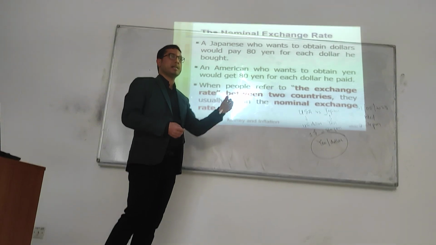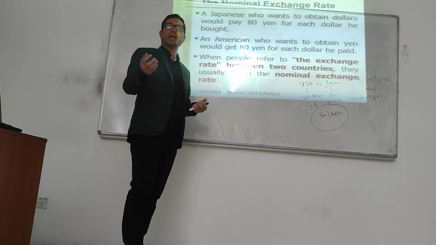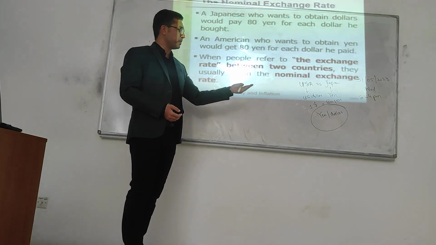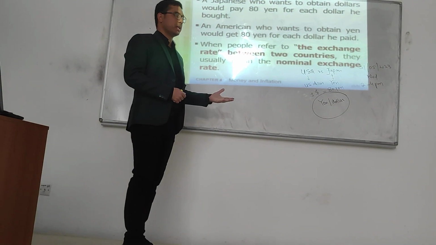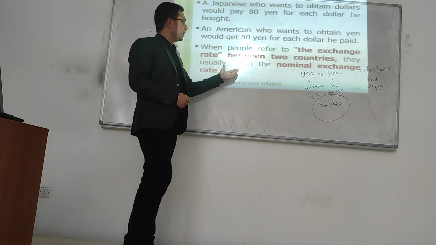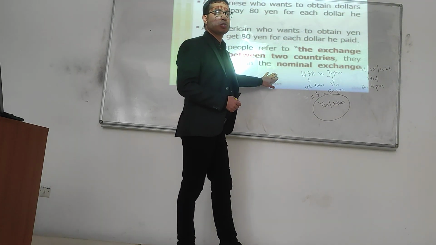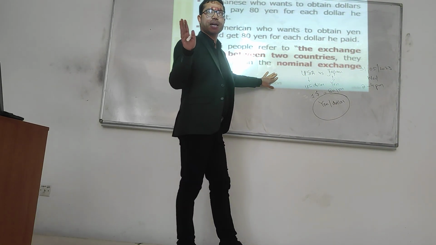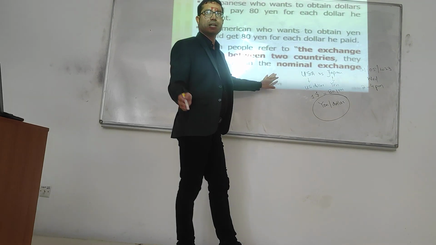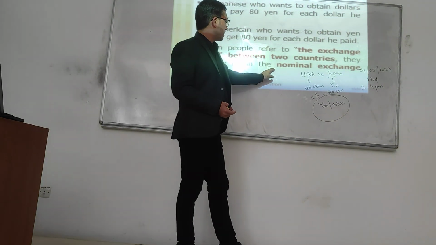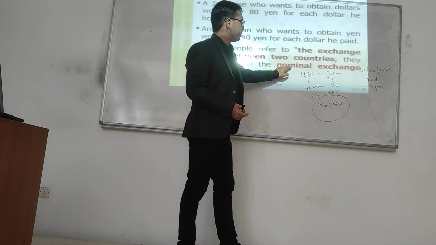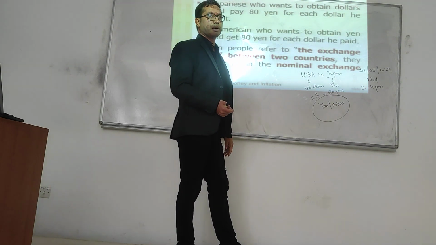So when you visit the money exchange market and you pay, let's say, dollars and want to buy, suppose, Turkish lira, Japanese yen or British pound, it means you are dealing with the nominal exchange rate. So the exchange rate which you can see in the exchange markets basically represents the nominal exchange rate.